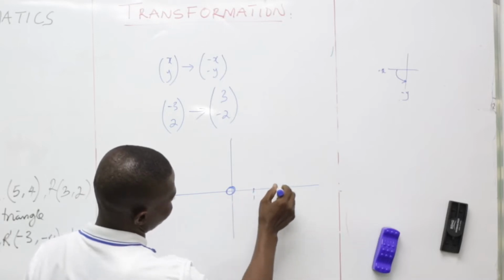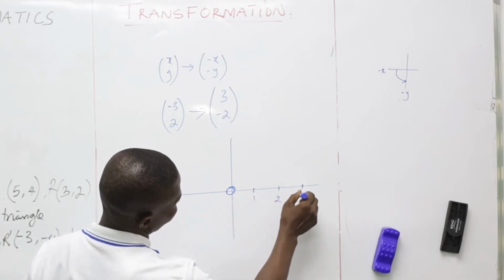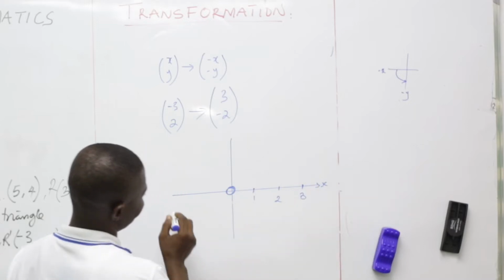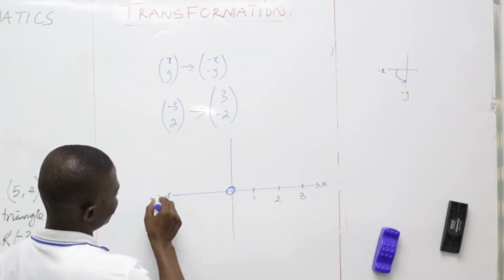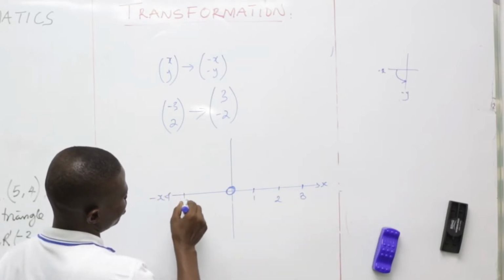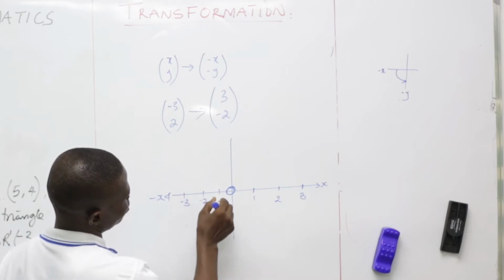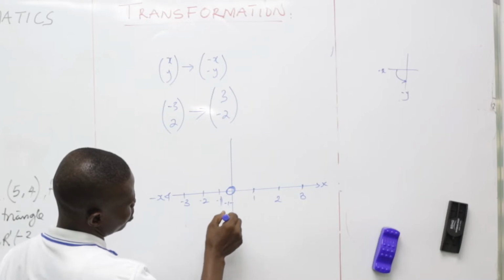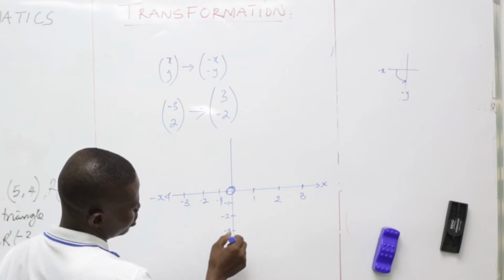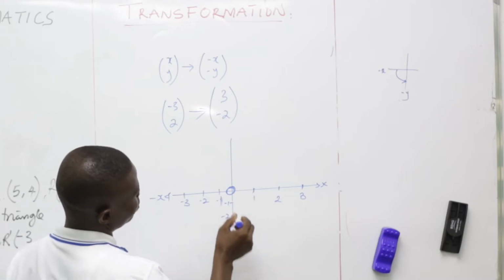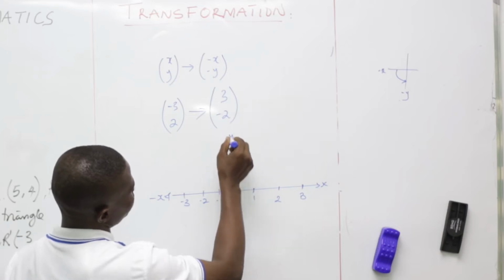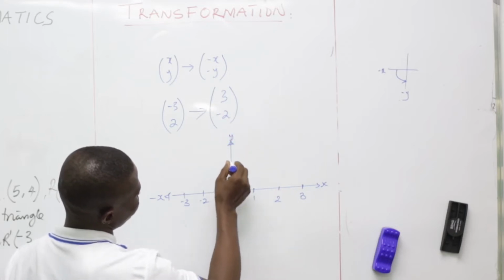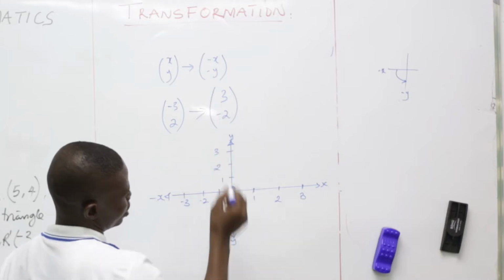This is 1, 2, 3. X positive, x negative, minus 3, minus 2, minus 1, minus 1, minus 2, minus 3. Y negative, y positive, 1, 2, 3.